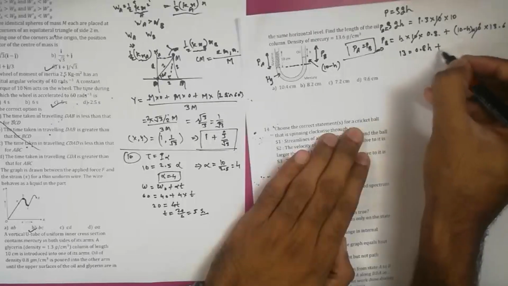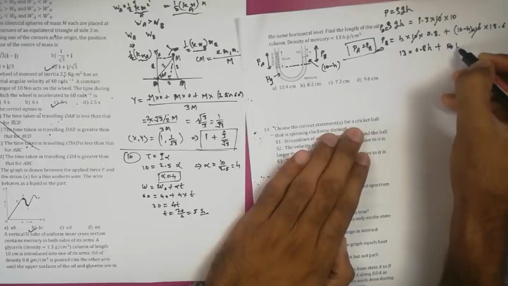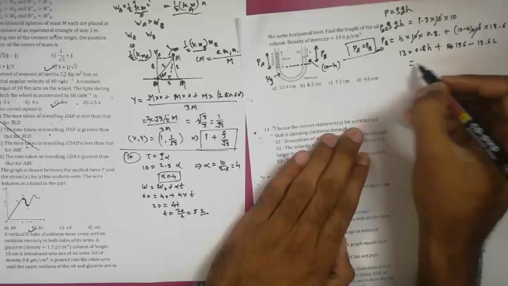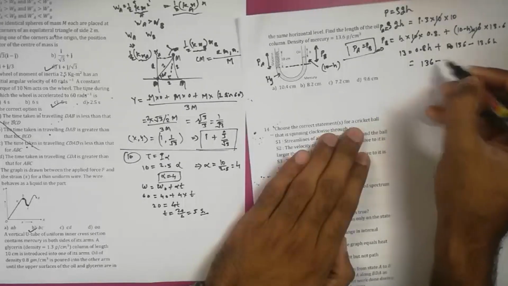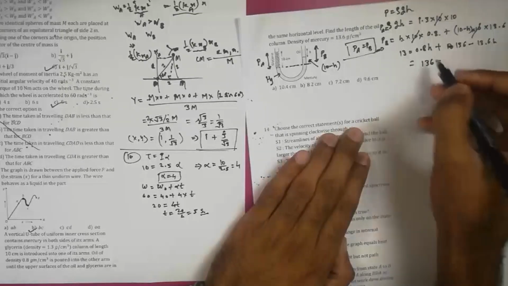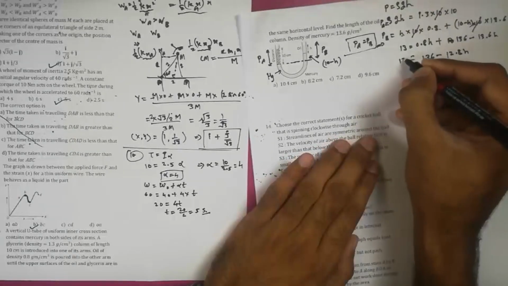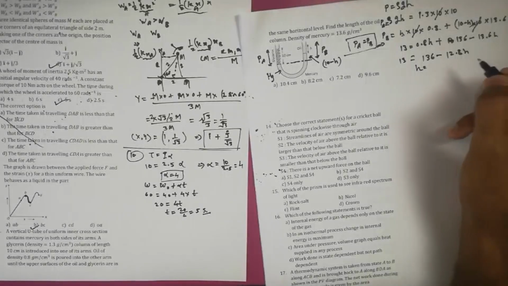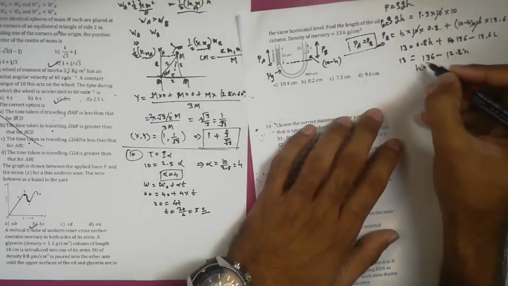Which gives you 13 minus... so 136 minus 13 equals h times (13.6 minus 0.8). Take 13 on that side. That's 136 minus 13, which gives you 123, divided by 12.8, which gives you something around 9.6.